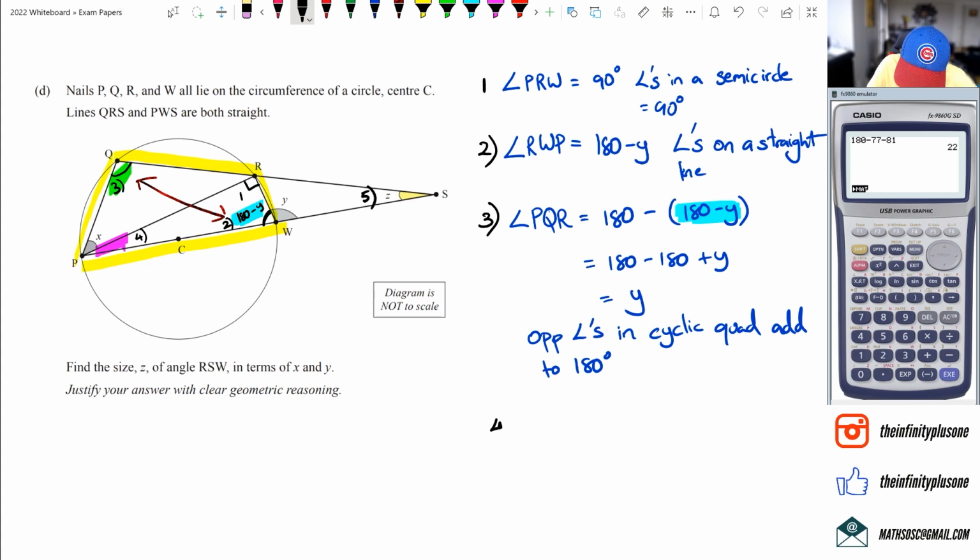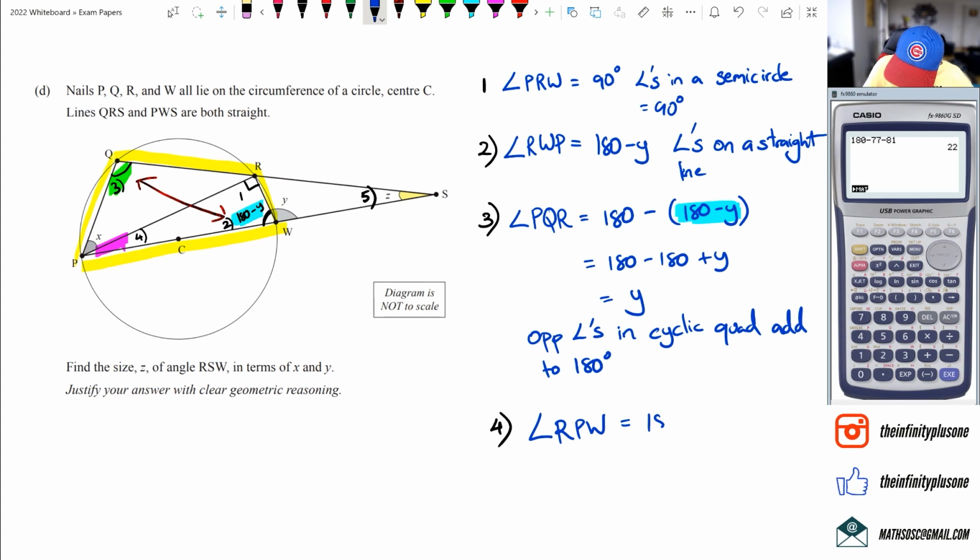Number 4 is highlighted in pink there. We've got a little triangle there, which is PRW. So I've got angle RPW.